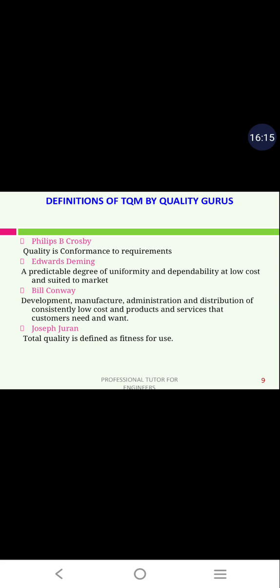That means it is not of good quality. So fitness for use means it should be a perfect fit for the purpose it was made for. As I discussed, if a company is manufacturing a headphone, it should be able to provide good quality music without any disturbance. Okay, so these are some definitions given by the quality gurus on TQM.